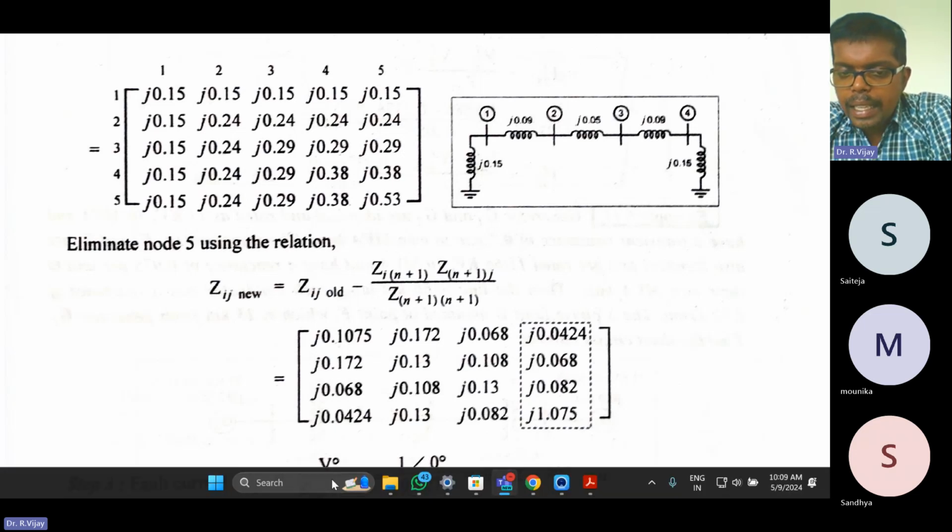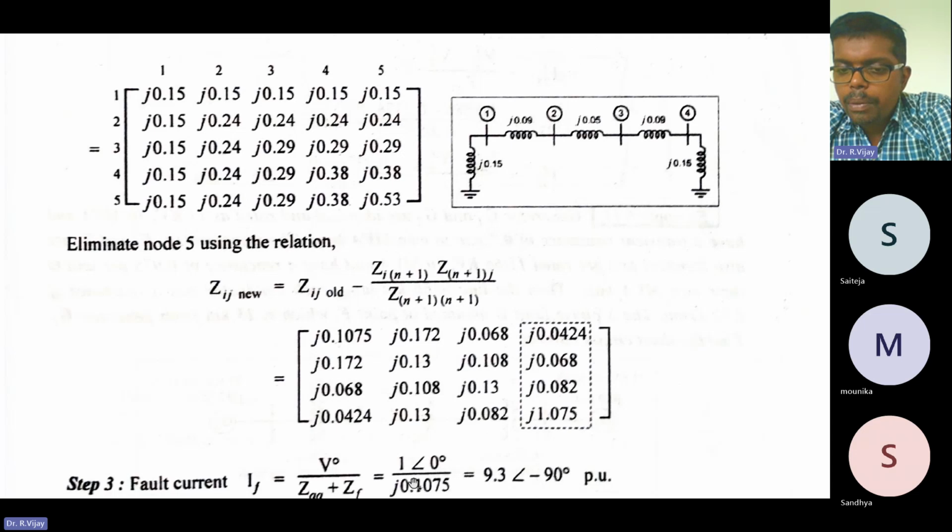You'll get the answer as j into 0.1075. This is ZQQ, the impedance at the qth bus where the fault occurs. So tell me in the comment whether you got the same answer or not.